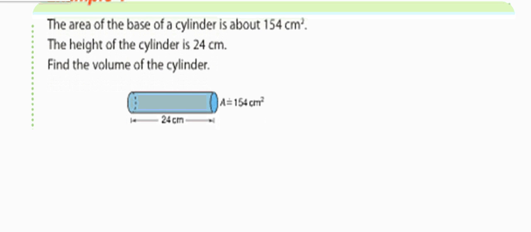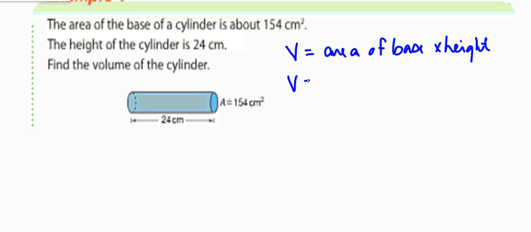So I have an example here. It asks us to find the volume of the cylinder, and it says that the area of the base is 154. So we actually have the area already. This is an example where I can use my area of base times my height.